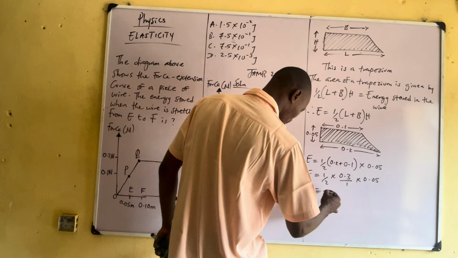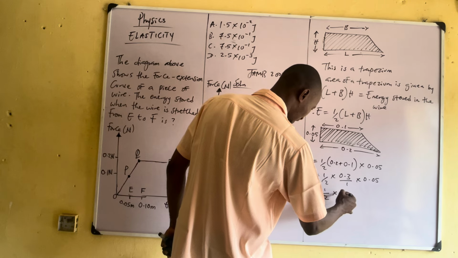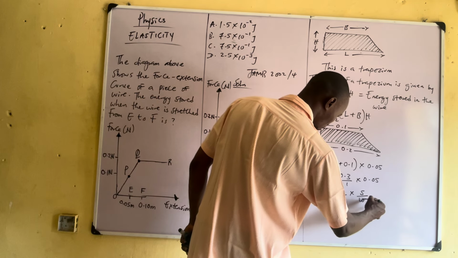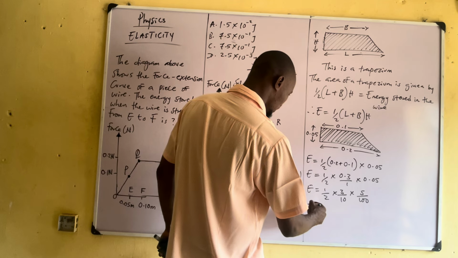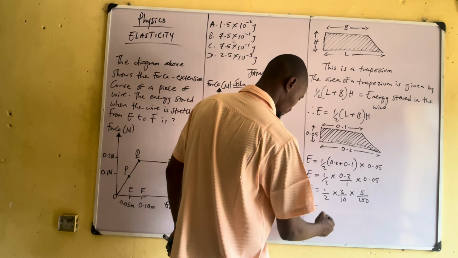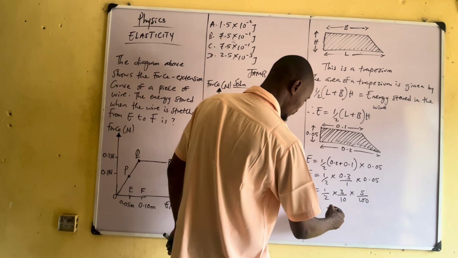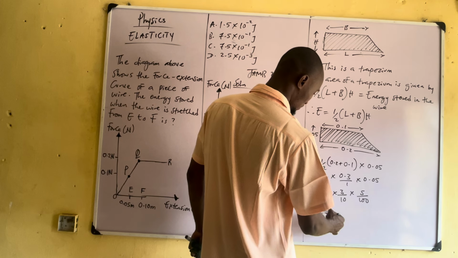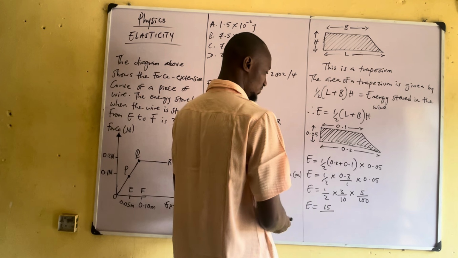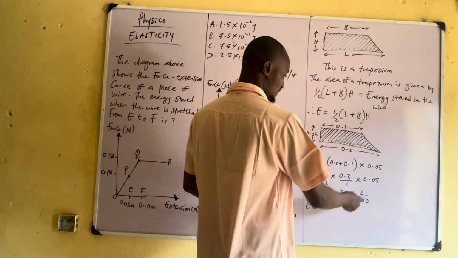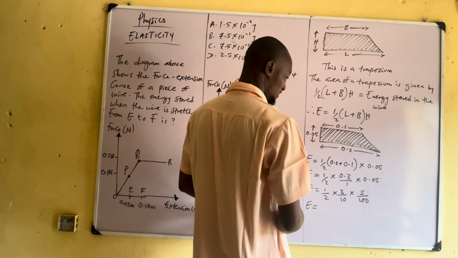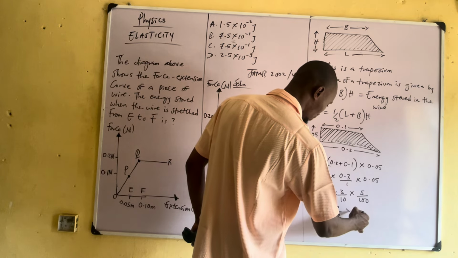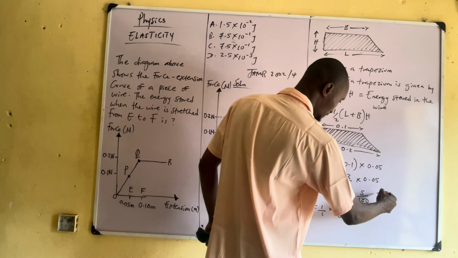So E is equal to 1 over 2 times 3 over 10 times 5 over 100. So E now is equal to 15 over 2000. I want us to reduce this. 5 here, 1; 5 here, 2. So you have 1 over 1 times 3 over 2 times 1 over 100.